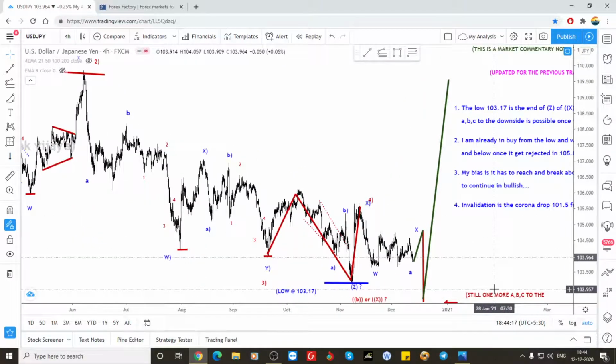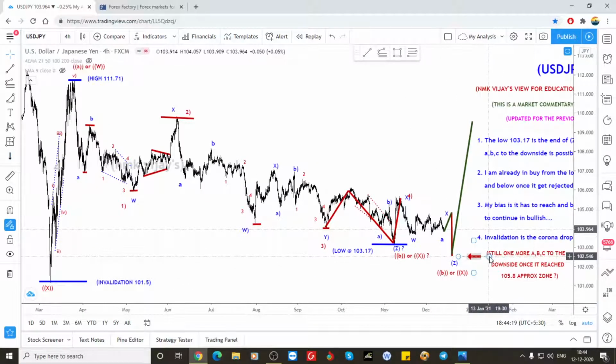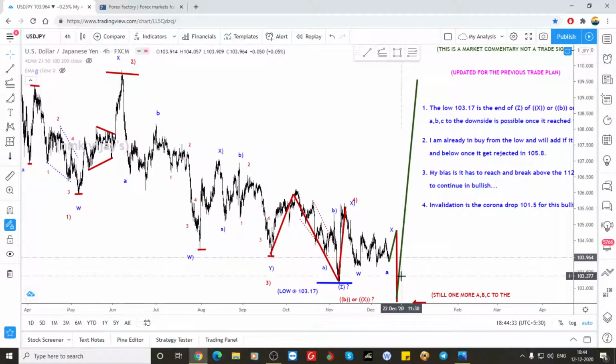I already said there is still one more ABC to the downside once it reaches 100.8, but that is the previous analysis, and we can change it. Here it's 104.8, we can make this 104.8.